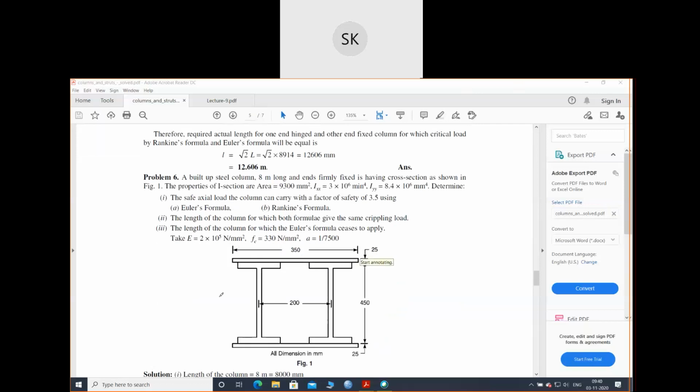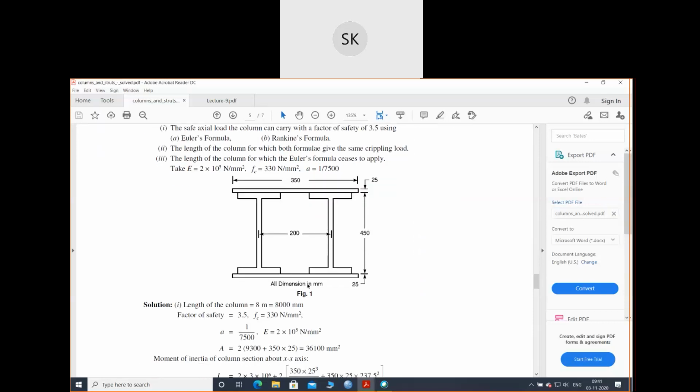See, as I discussed, this kind of section may be given to you. So what will you do? How to find the I value? If you don't know how to find the I of a particular section, how will you solve this problem? A built-up steel column is given, length is given, ends firmly fixed, with an I section given to you.